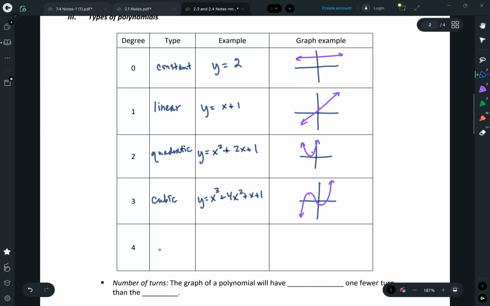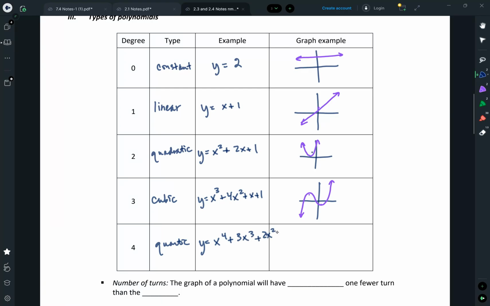When I look at fourth degree, that's quartic. And quartic could be like x to the fourth plus 3x cubed plus 2x squared plus 5. We're just making a random one, not the one I'm graphing. You don't have to have all the terms, but the biggest one has to be fourth degree.